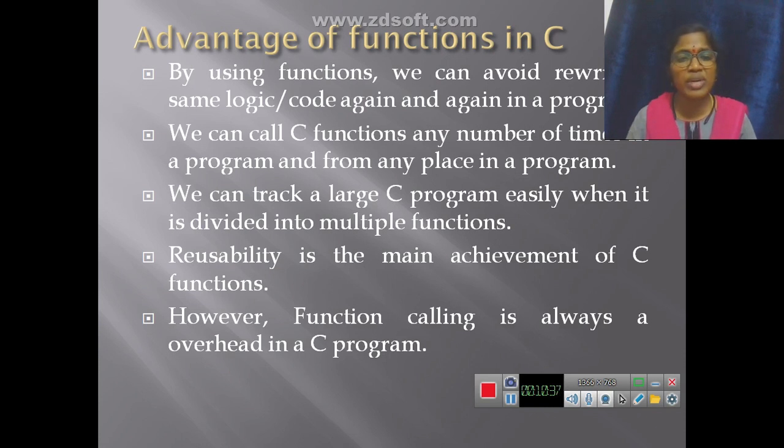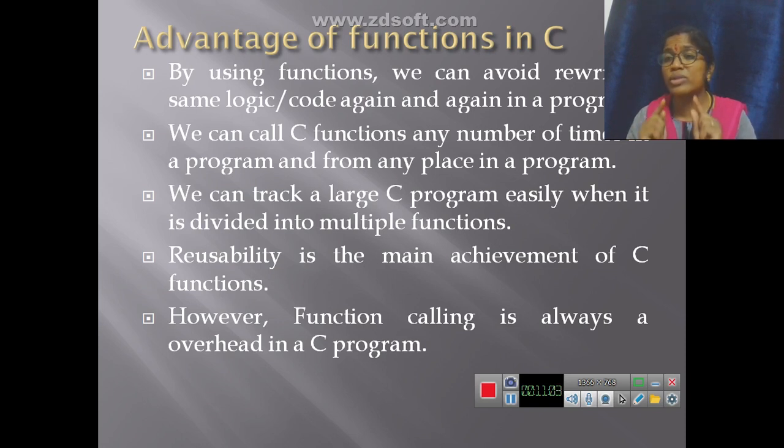So the next advantage: reusability is the main achievement of C functions. Once you write the code, it can be used any number of times. Suppose you want to use it 10 times, 10 into 15 lines of code, so it becomes 150 lines.